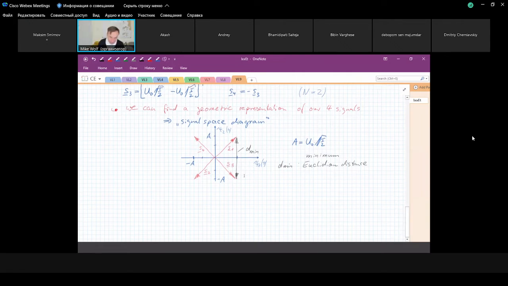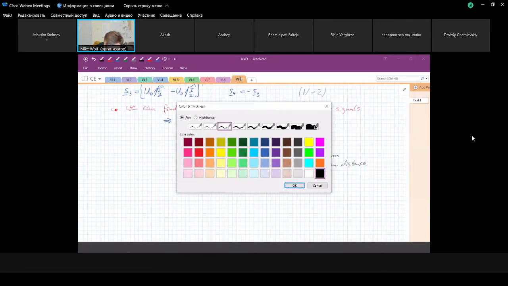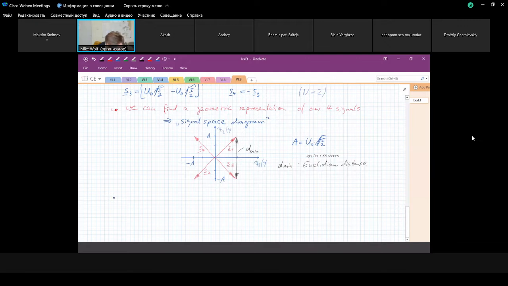And now we can also derive the signal energies from the signal vectors, or if you want, from the signal space diagram. So next topic, signal energies. The signal energies are defined as E_i.